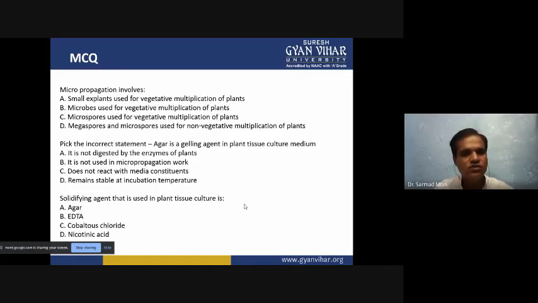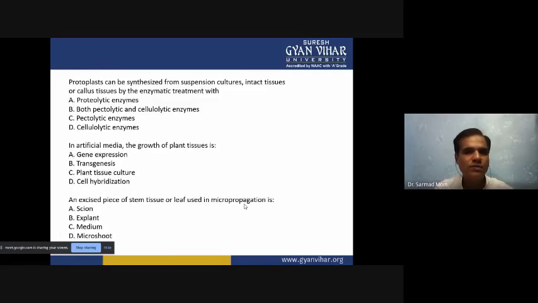Next question, the solidifying agent used in plant tissue culture is: option A, agar; option B, EDTA; option C, cobaltous chloride; option D, nicotinic acid. Next question, protoplasts can be isolated from suspension cultures, intact tissues or callus tissues by enzymatic treatment with: option A, proteolytic enzymes; option B, both proteolytic and cellulolytic enzymes; option C, pectolytic enzyme; option D, cellulolytic enzyme.